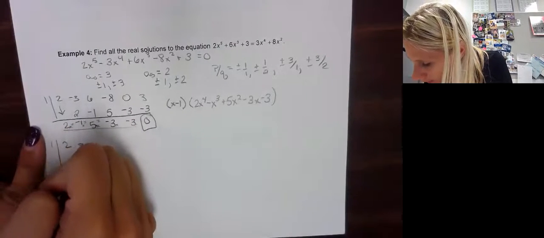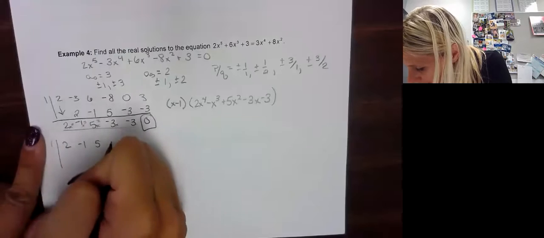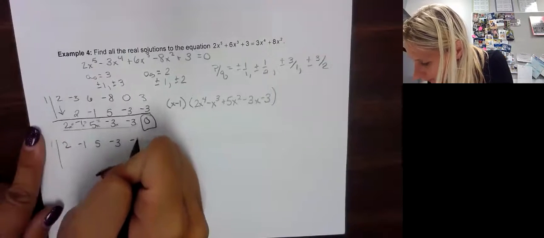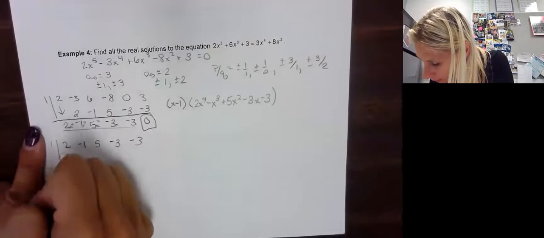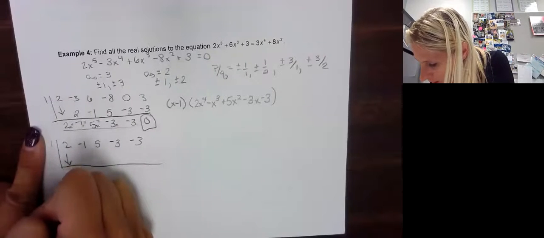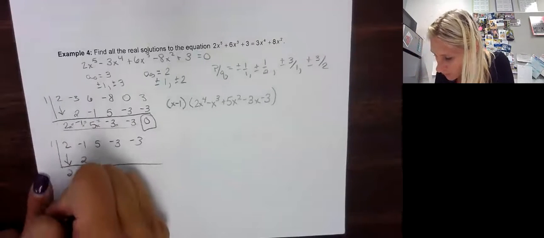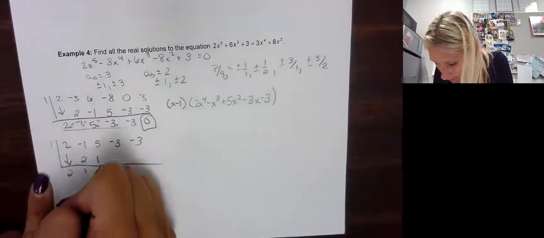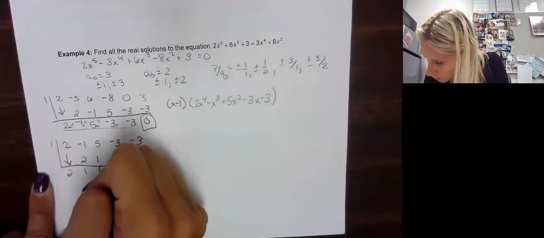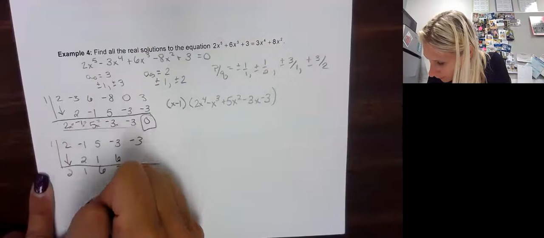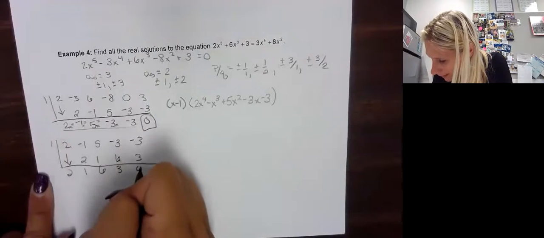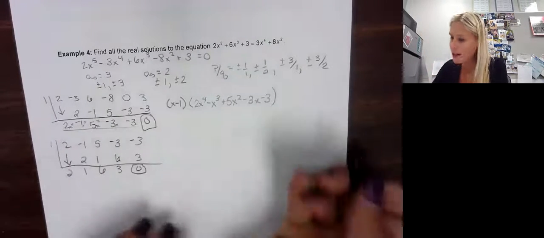And of course, don't forget, use these new values down here. So 2, -1, 5, -3, -3. Bring down the 2. Multiply, add. Multiply, add. Multiply, add. Multiply, add. Yes, it came out again.